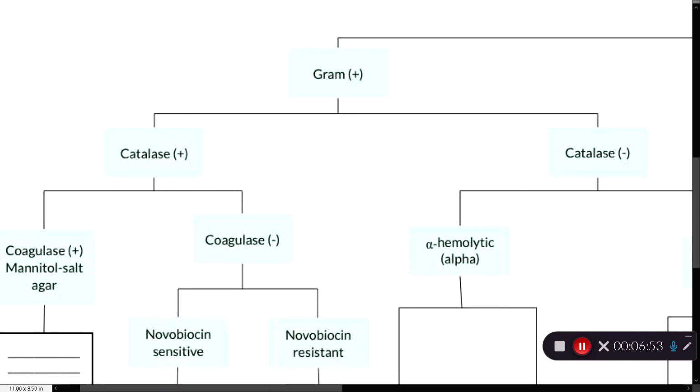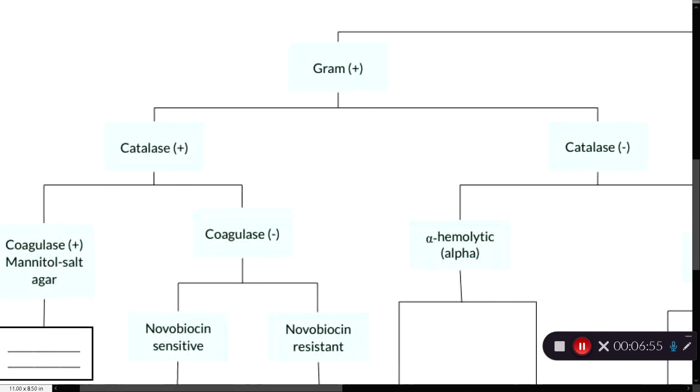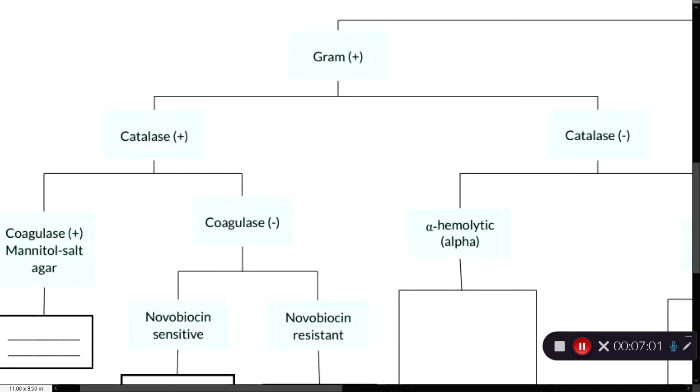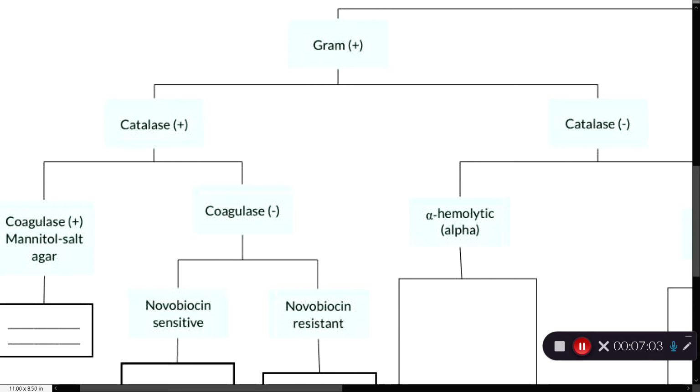Okay, so if we're talking gram-positive cocci, typically the question stem will tell you if the organism is catalase positive or catalase negative. And this catalase test, so catalase is the enzyme that's going to break down your hydrogen peroxide into oxygen and water.